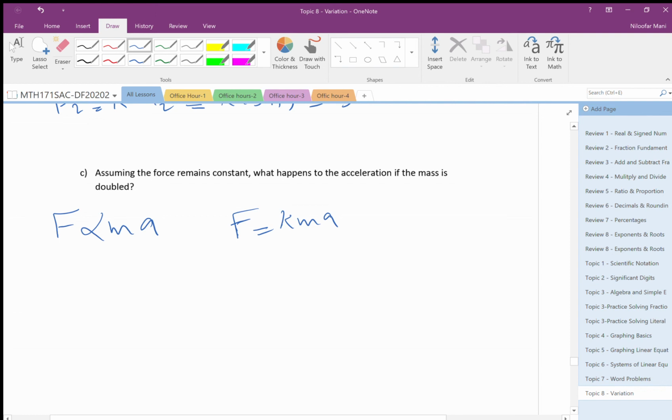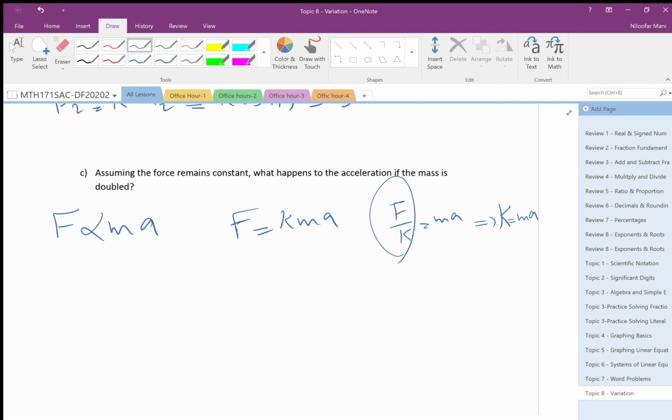Okay, so I have F divided by k equal ma, and then I can say this is capital K because both of them are constant, so ma is K. Okay, so what happened to acceleration if the mass is doubled? Here ma equals K, so here it is not direct, it is inverse. M and A are inverse, because right now I am talking about M and A.